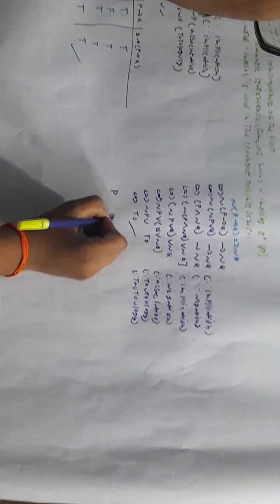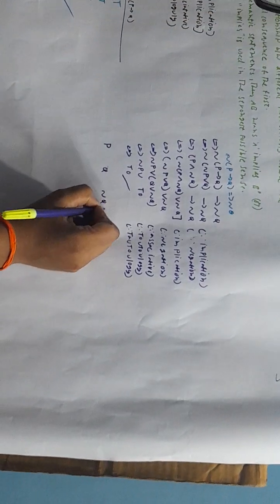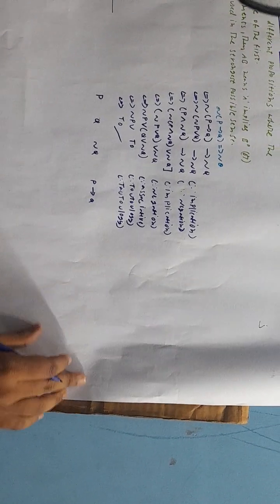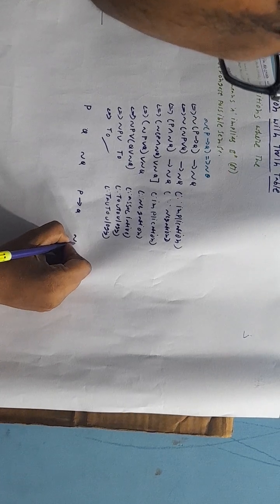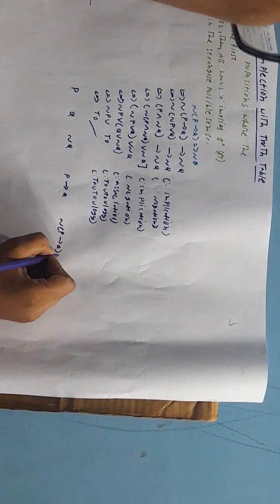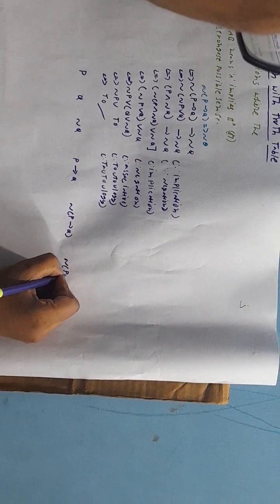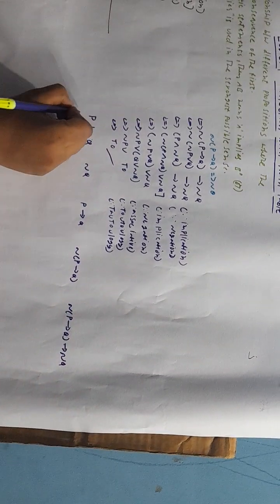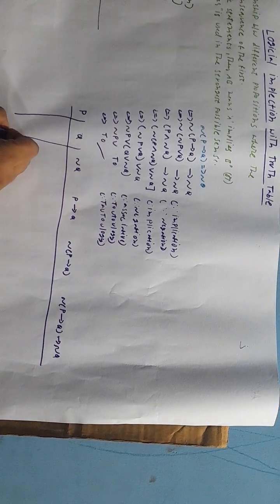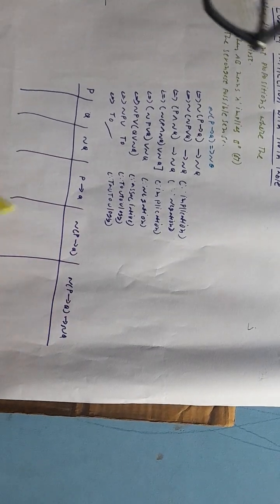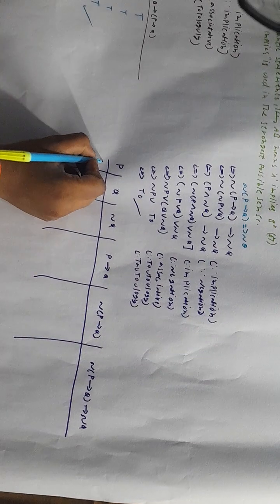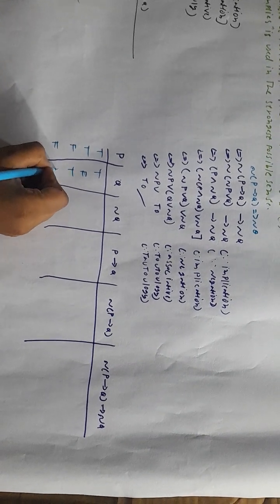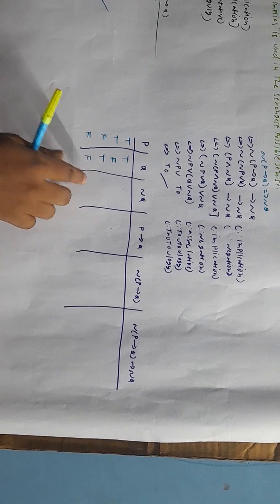P, Q, negation of Q, P greater than Q, negation of P greater than Q, and negation of P greater than Q implies negation of Q. True, true, true, false, false, true, false, false. This is right. Negation of Q.